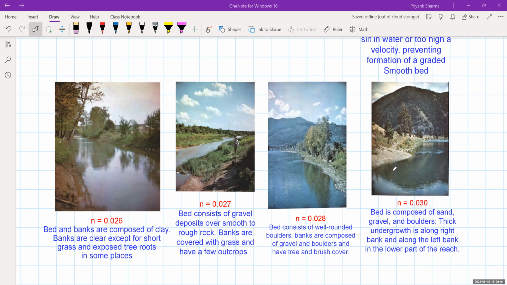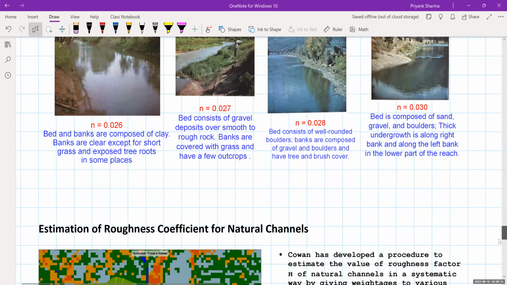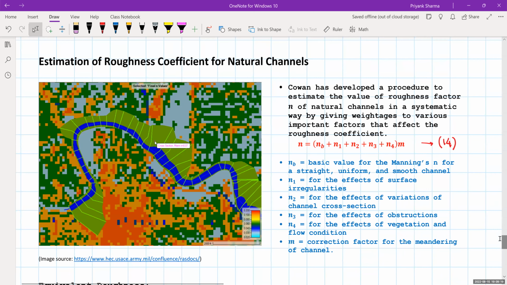Usually for natural rivers, your Manning's n may vary from 0.025 to 0.040 depending upon the condition of the river. For canals, it will be 0.030 for a very new canal, because it is more smooth, and with respect to time it will get some deterioration, and it may increase to 0.015 or 0.016.